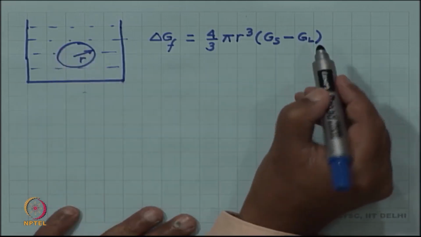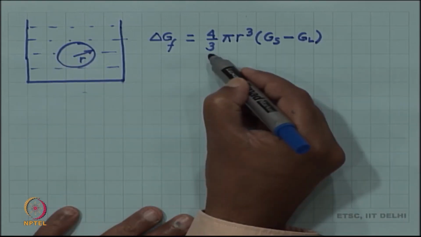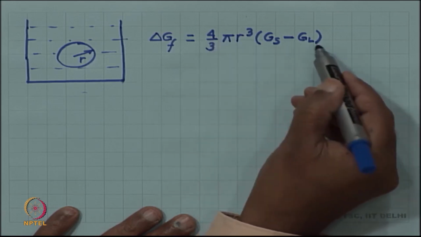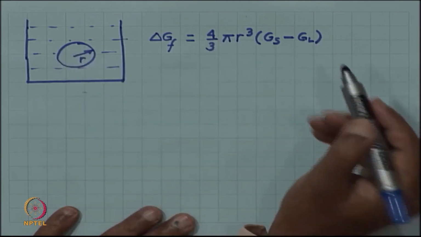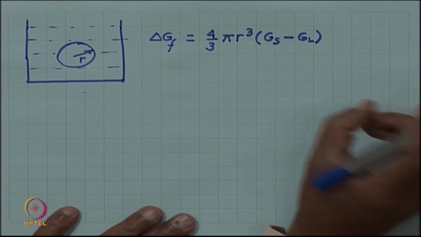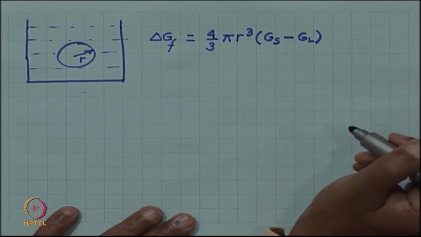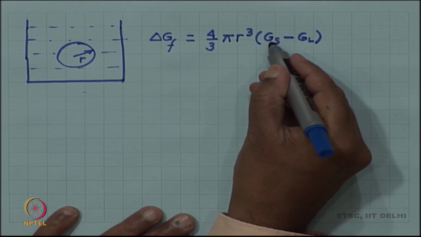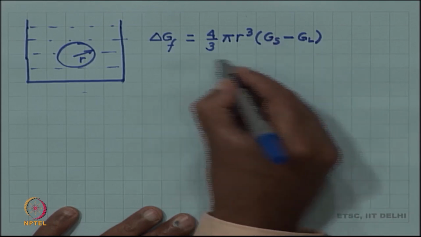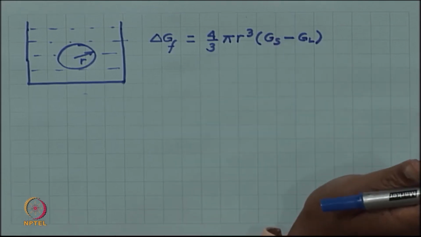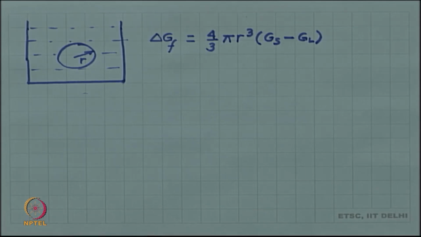So, if the liquid free energy per unit volume is GL, then 4 by 3 pi r cube GL free energy reduction has taken place because now we do not have that much of liquid and the corresponding amount of solid has been added. So, this is the change in free energy due to the formation of a solid ball of radius r in terms of the quantities which we have defined.